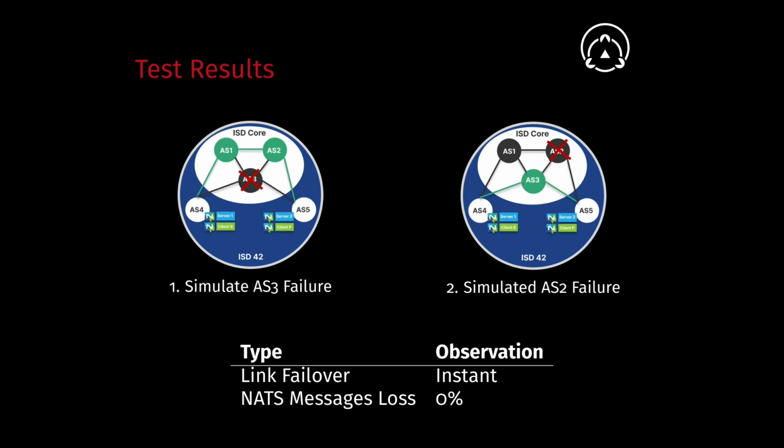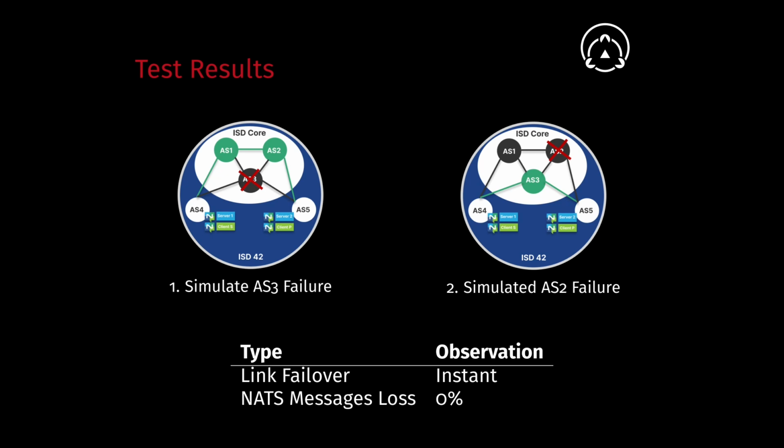And then if we go to the second test case, simulated failure, which is simulating the AS2 failure now. I'm going to bring AS3 back up. And when I bring AS3 back up, we're still routing through AS1 and 2.